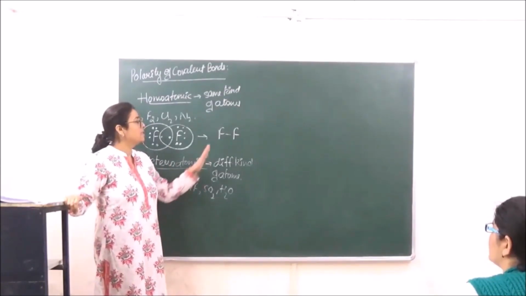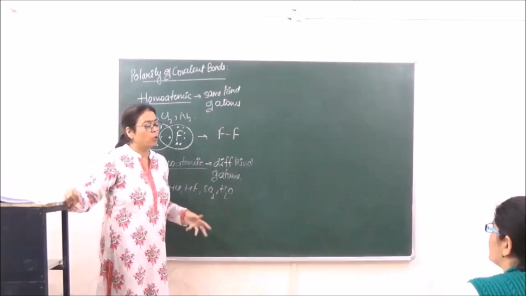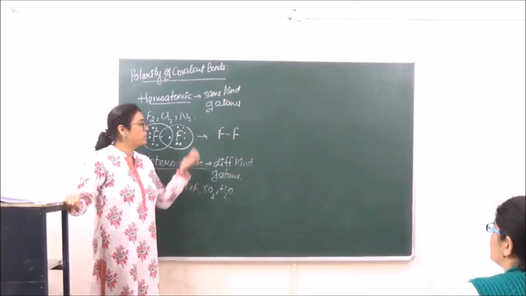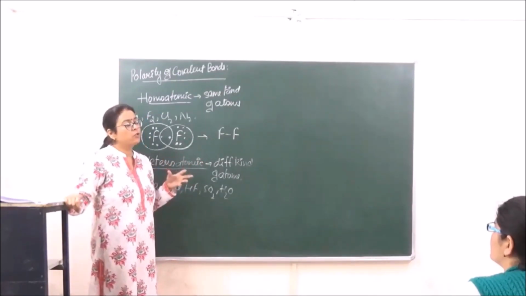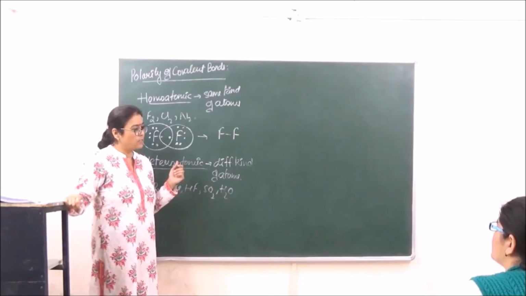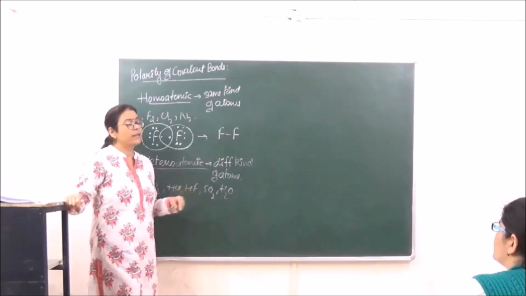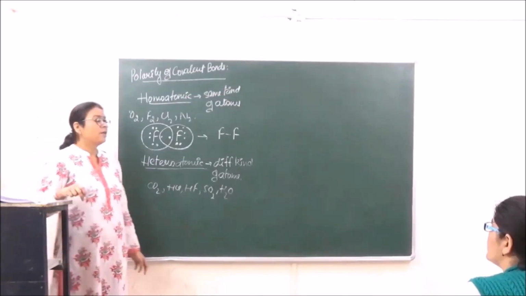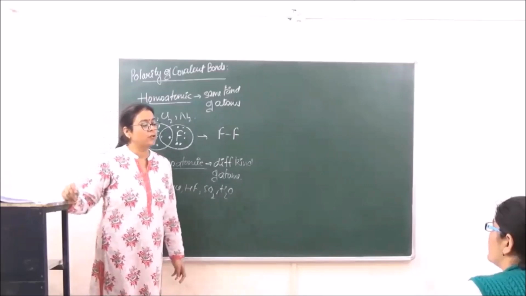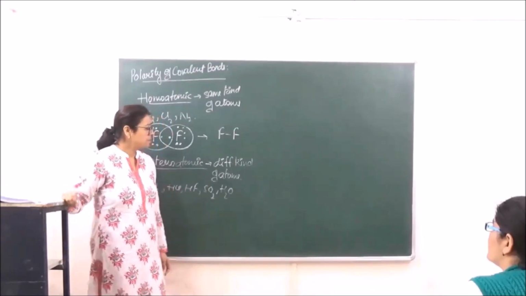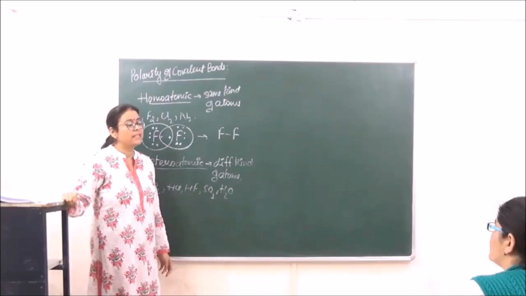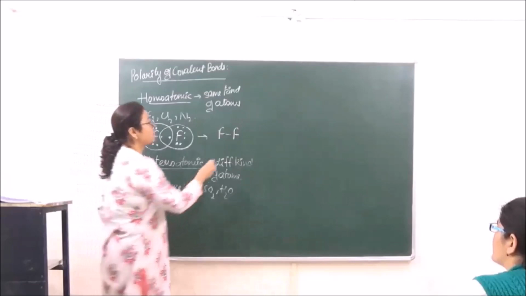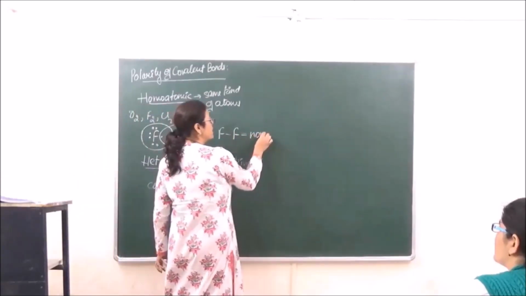Why is it remaining in the center? Because fluorine and fluorine both are the same atoms, they have the same electronegativities, as a result of which they are equally going to attract the shared pair of electrons towards itself, as a result of which the shared pair remains in the center. Such molecules in which the atoms do not have any electronegativity difference and the shared pair of electrons remains in the center, in case of diatomic molecules, are said to be non-polar in nature.